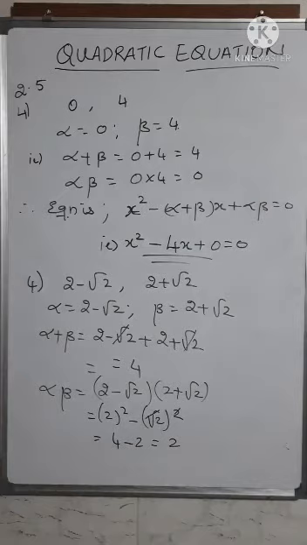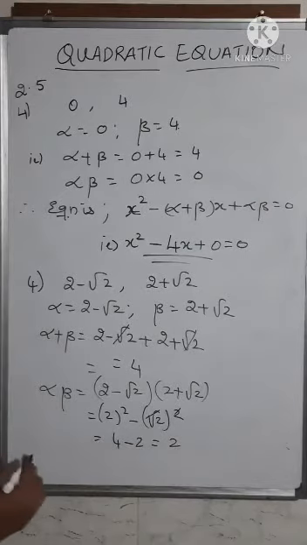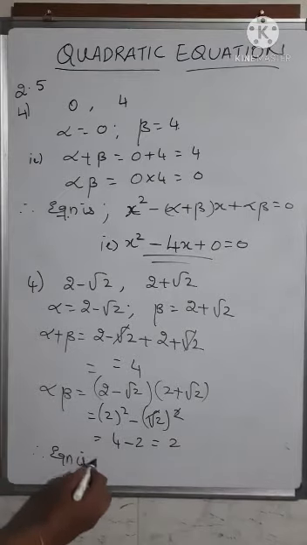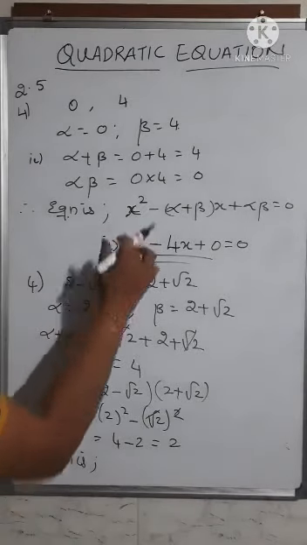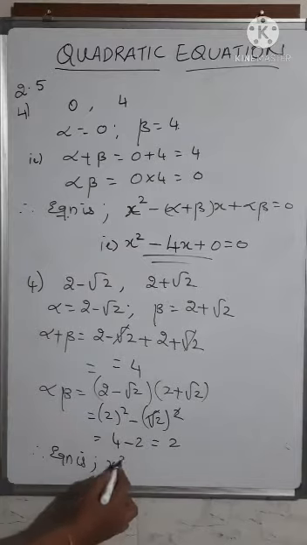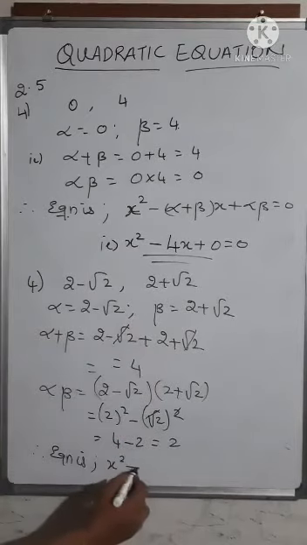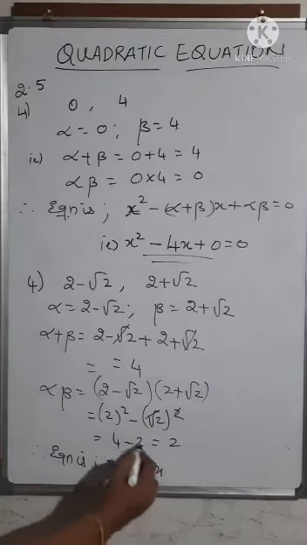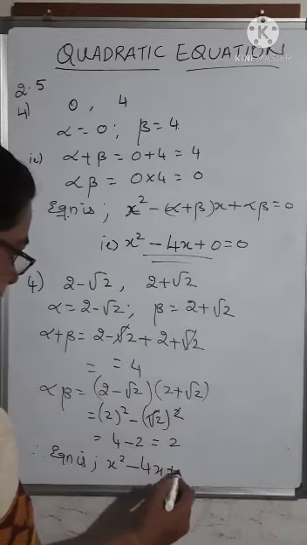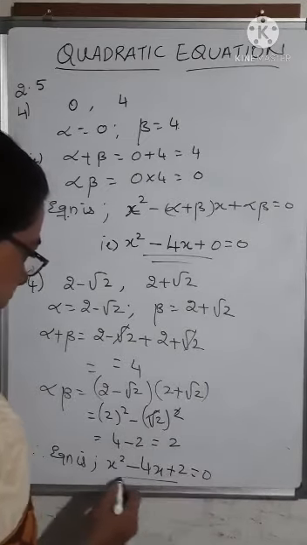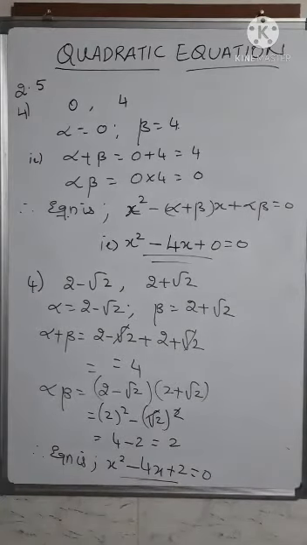Now next what you have to do is write the equation. Therefore equation is, first you have to write x square minus alpha plus beta, 4x, alpha into beta is plus 2 equal to 0.